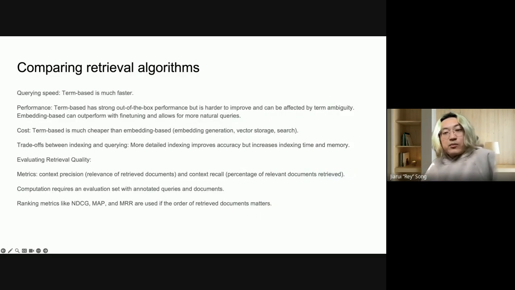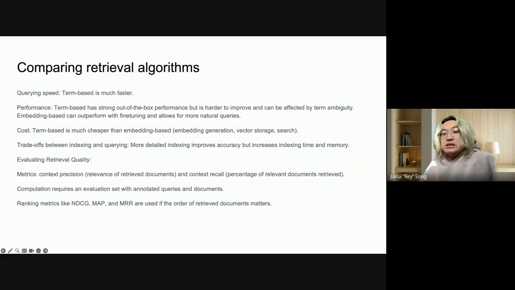Here, I want to summarize the key takeaways when it comes to comparing retrieval algorithms and evaluating their quality. Now that we've looked at term-based retrieval, I want to contrast it with embedding-based approaches and think about how we measure their effectiveness.